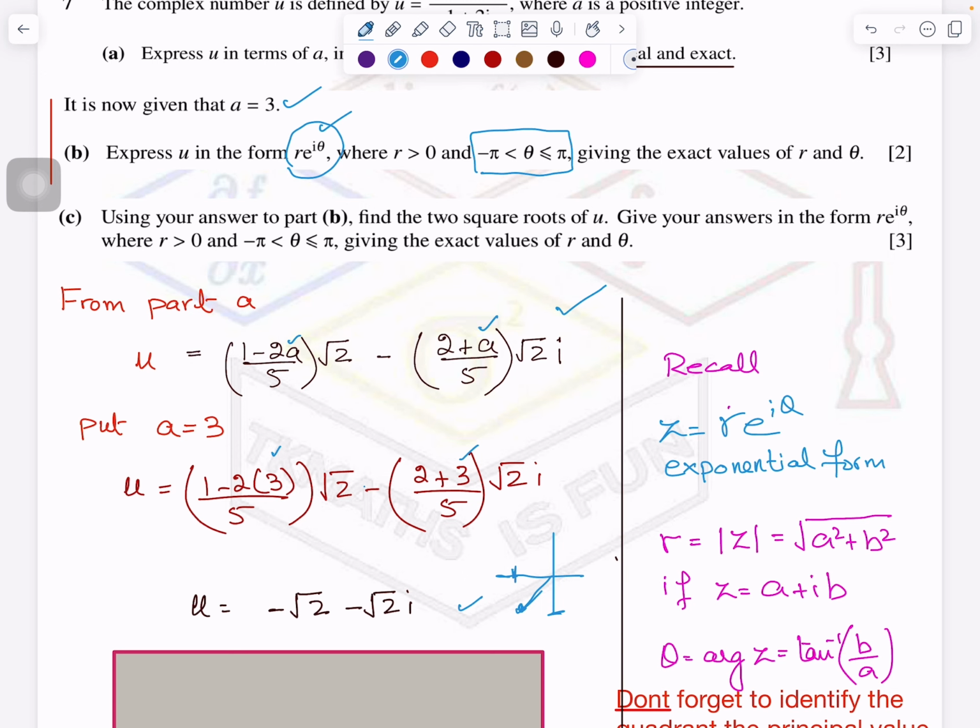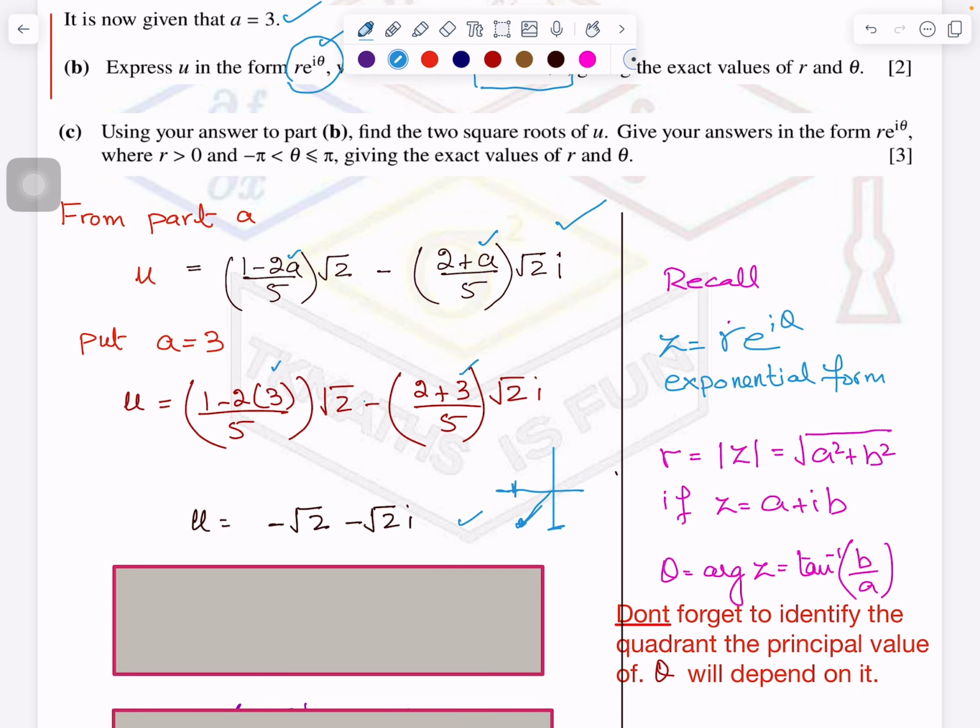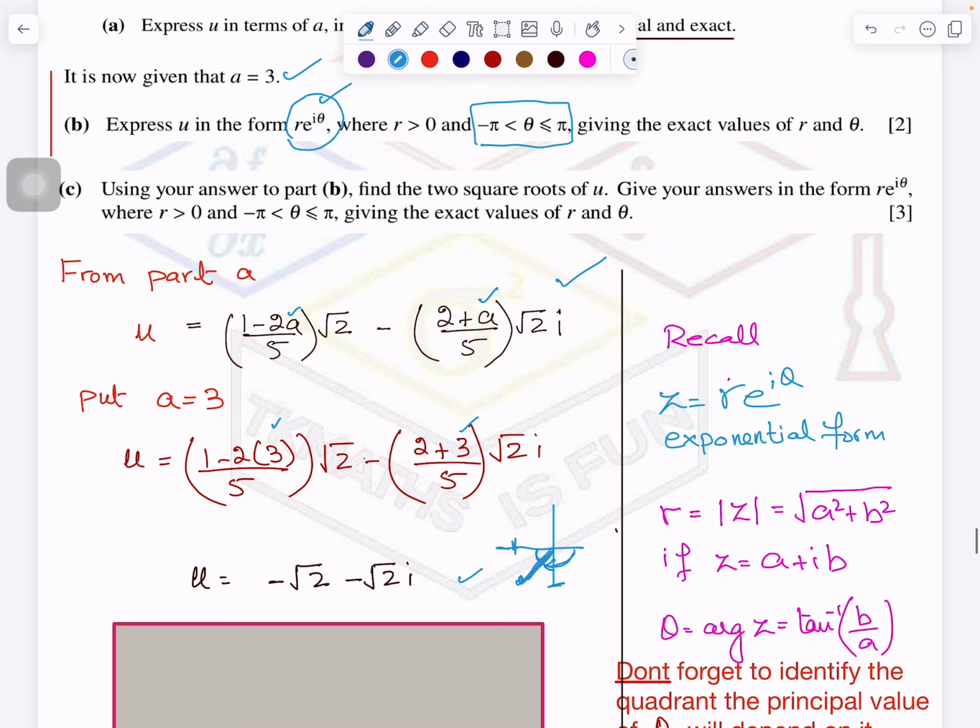Agreed? Now I have to find r. This will be r and this will be theta, which I will be able to calculate, but my answer will be this one, right? Because we always calculate angle between 0 to minus pi and 0 to pi. So if it is in the third and fourth quadrant, we measure the angle clockwise and keep it negative.